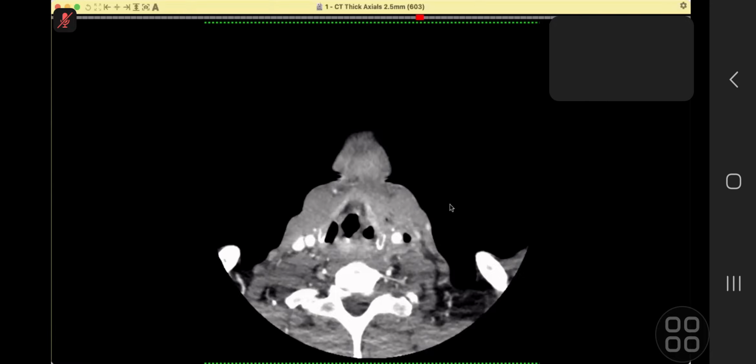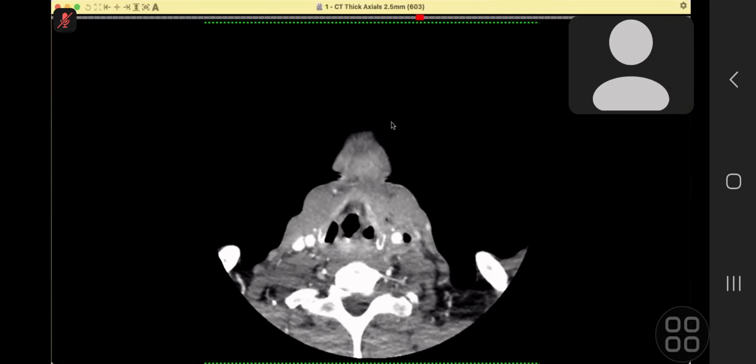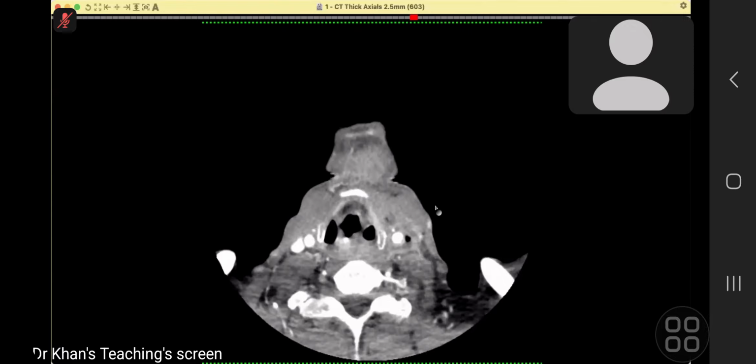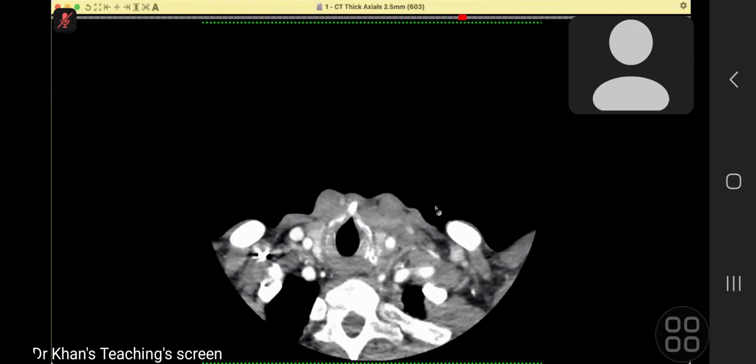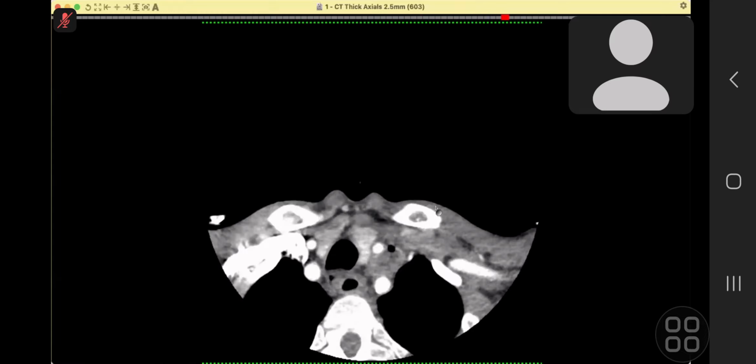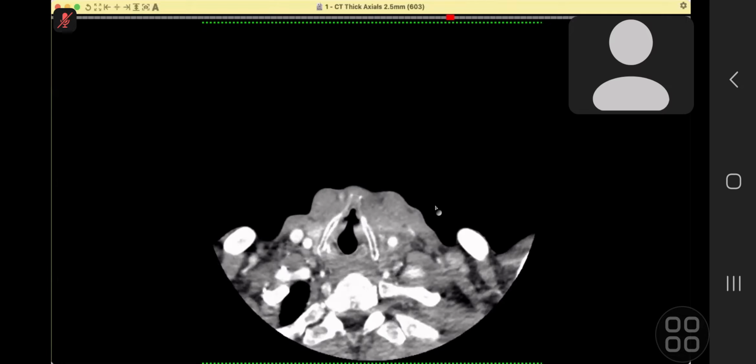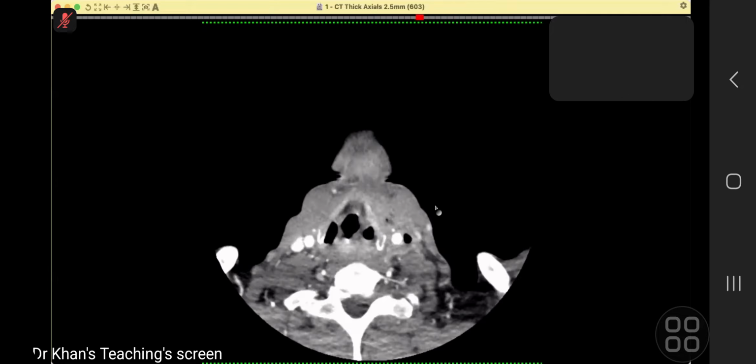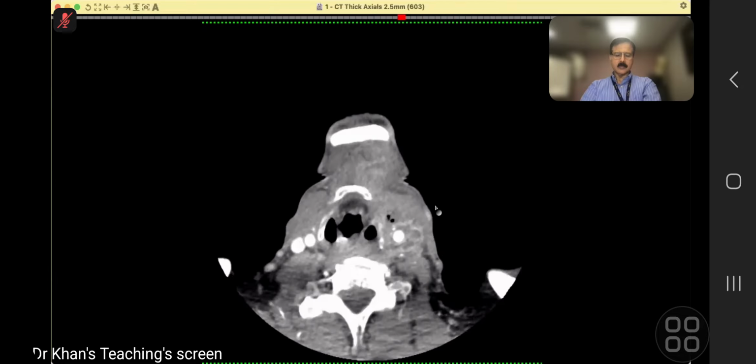I have approved this. I've again requested the remote, and still not able to scroll the images. Now I'm able to scroll, I think. Please go on.